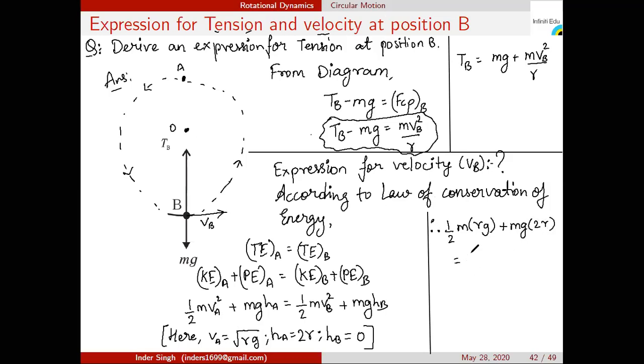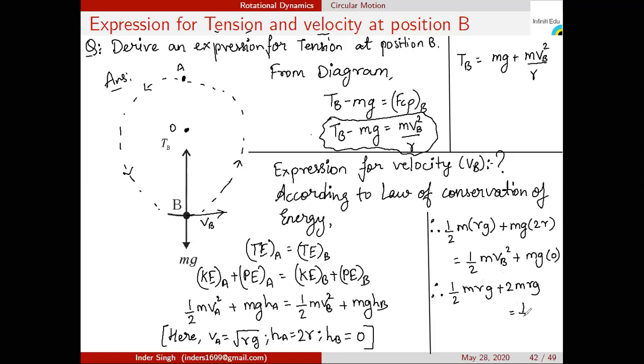It is equal to half m vb square, plus the hb value, which is 0, so this will be mg into 0. Correct? So we will write half mrg plus mrg, with the 2 in front, this will be 2 mrg.